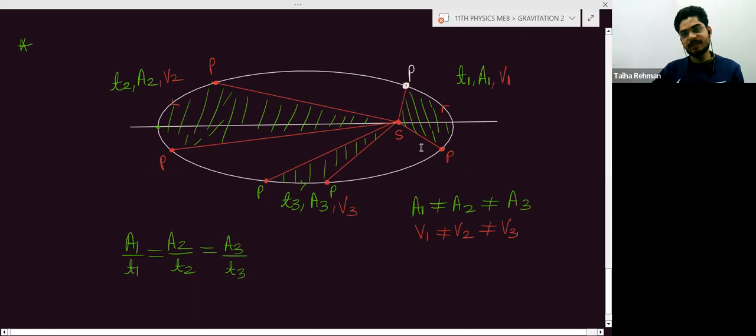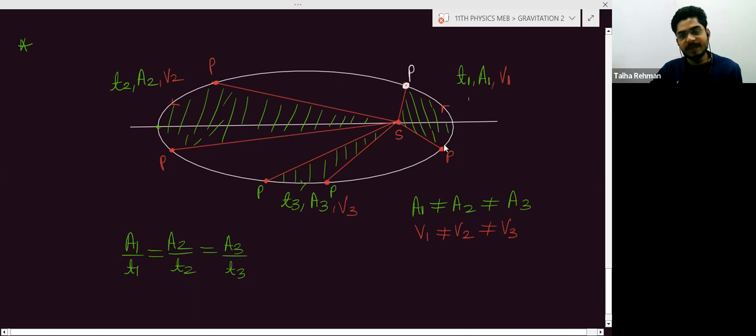The reason is that in moving from here to here, the planet takes time t1 and covers less distance in time t1, and it covers more distance in time t2. So basically we cannot say that the speed is same.